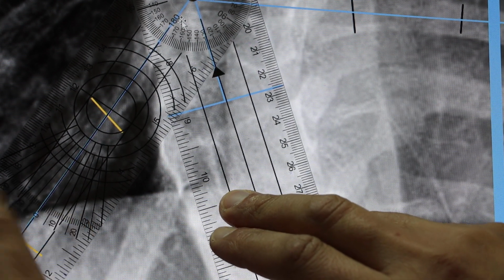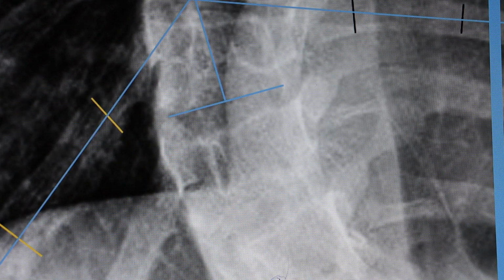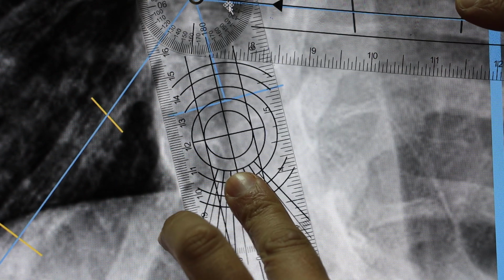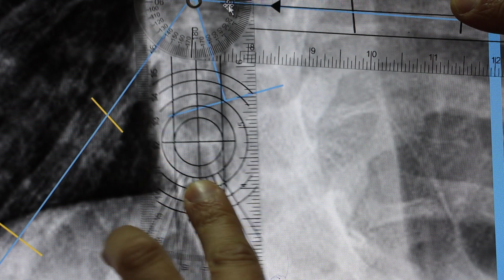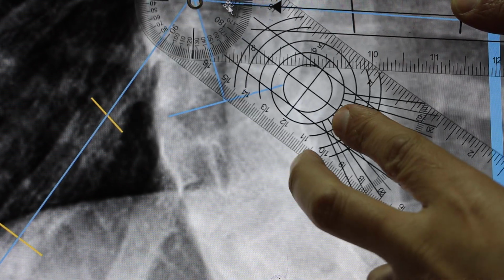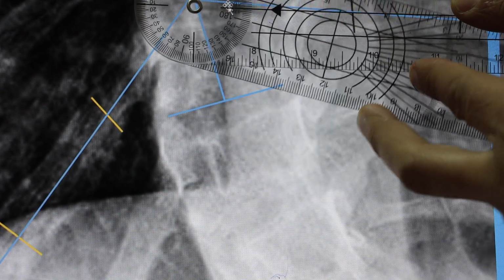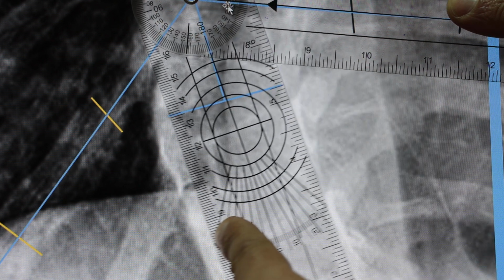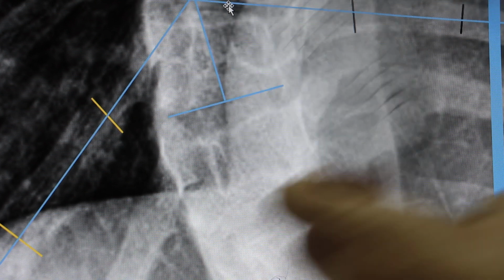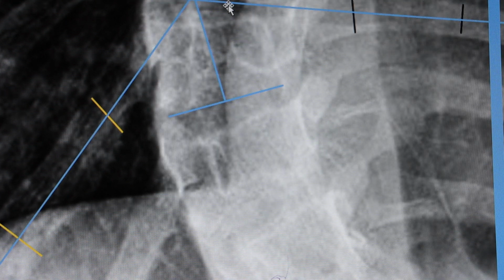So that's 50, and the angle from the other side, which is this one, is 70, so the difference is about 20, which is just the limit of saying this is a most likely to progress curve, or it is the least likely to progress curve.